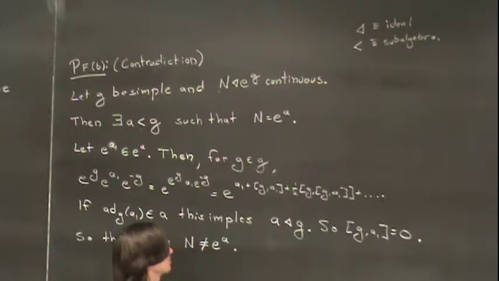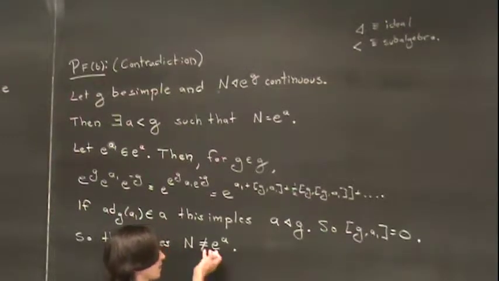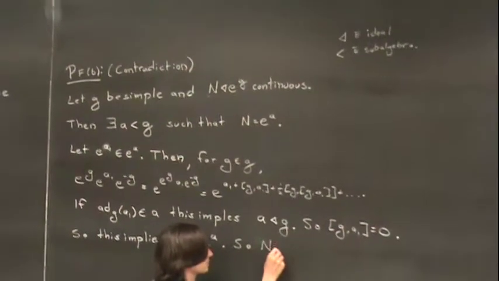This is some general result of Lie groups, that discrete groups are not equal to some e to the a. So N is discrete.